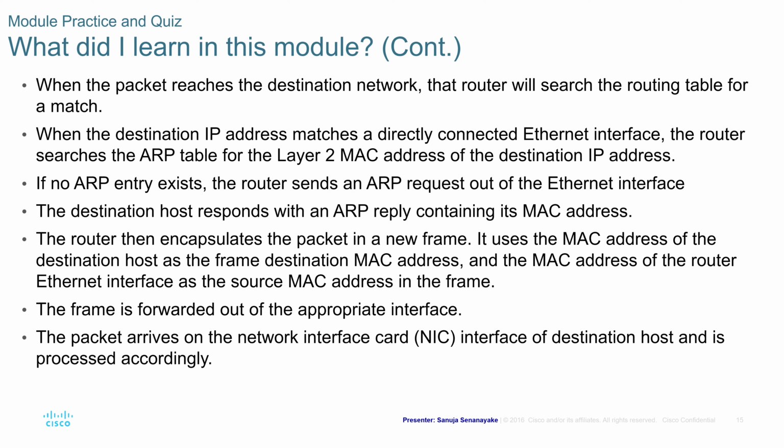It uses the MAC address of the destination host as the frame destination MAC address and the MAC address of the router Ethernet interface as the source MAC address in the frame. The frame is then forwarded out of the appropriate interface as a result. The packet then arrives on the network interface card, or NIC, of the destination host and is processed accordingly.